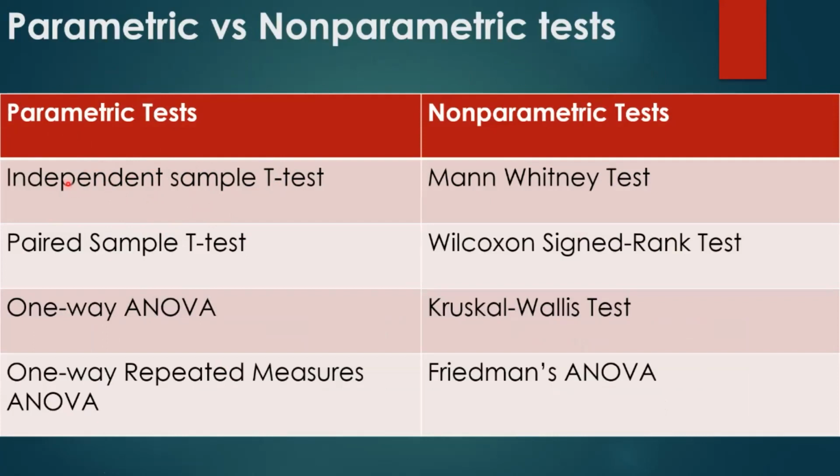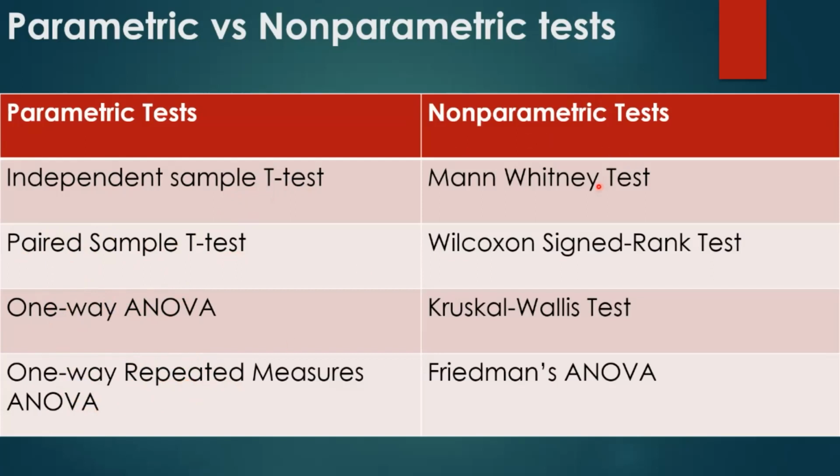Then the groups are independent, and we use a t-test to check for variances between the two groups. But if they are not independent, we use a paired sample t-test. I've mentioned that. And then we use a one-way ANOVA for two or more groups that are independent. For repeated measures, we use one-way ANOVA repeated measure, for groups that are not independent.